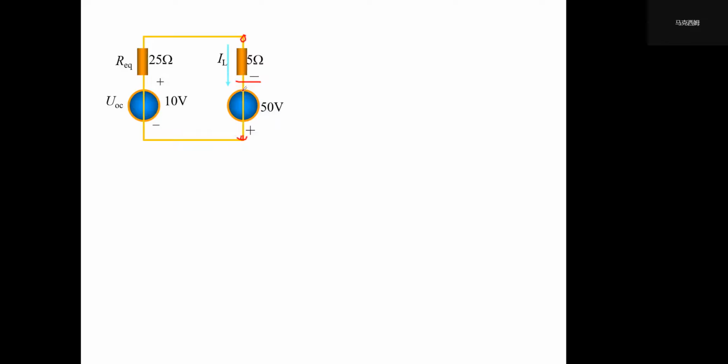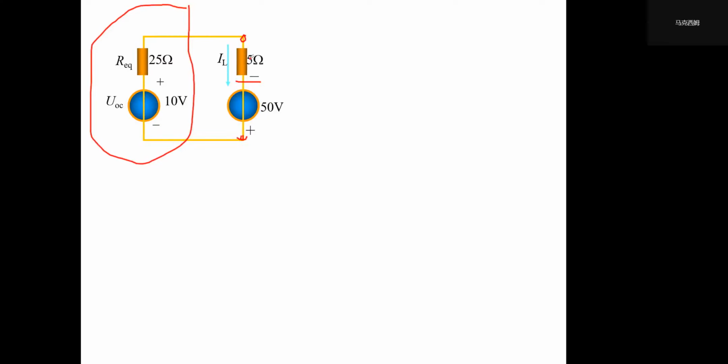So we cut this branch and put back this 50 volt voltage source here. It doesn't matter. And still we have this from the Thevenin theorem, and we have this very simple circuit.